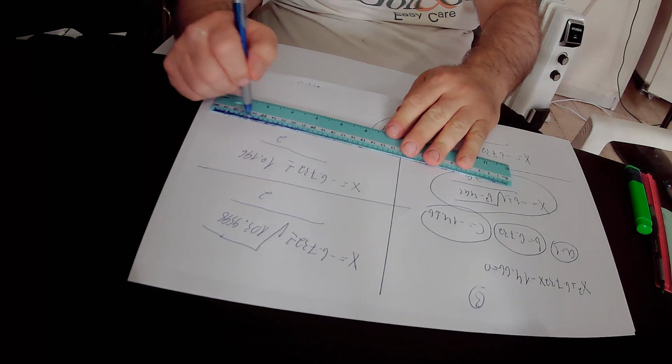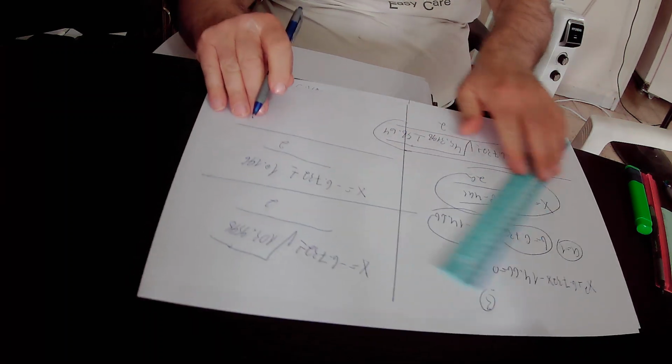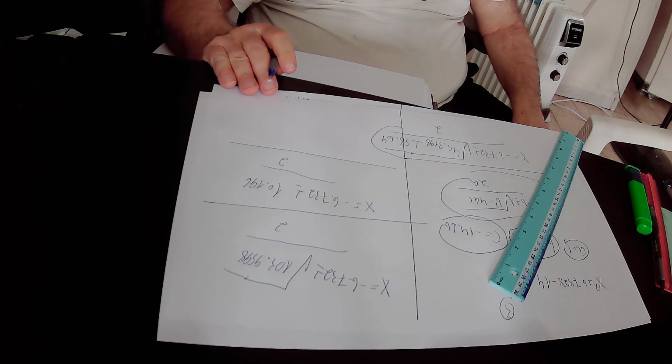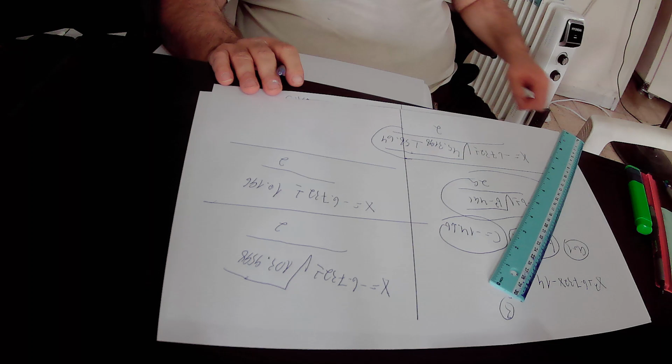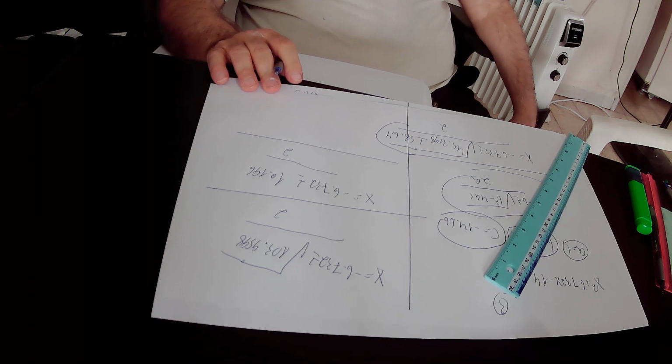So clearly here we will have two solutions that are possible for x. One of those solutions will be a negative solution, because the negative solution is x equals to minus 6.732 minus 10.196. That is definitely a negative number.